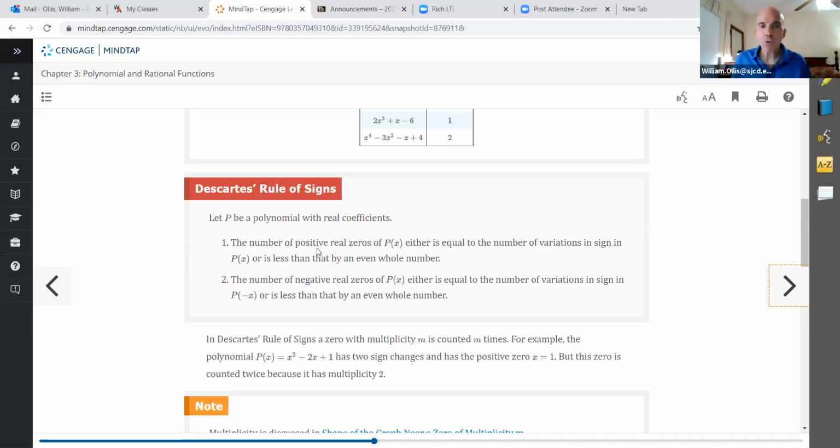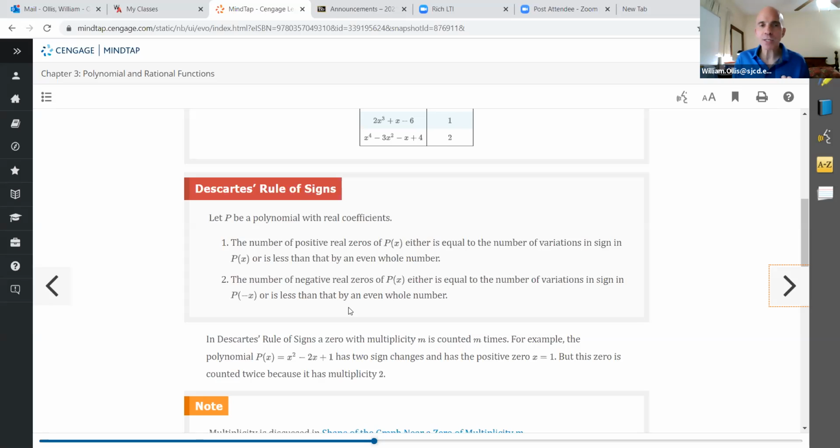And then if we're looking for the number of positive zeros of a polynomial, we're trying to find the possible cases here. We look at the number of variations in sign of P of x, or we look at a number that is less than that by 2, an even whole number, or some multiple of 2.